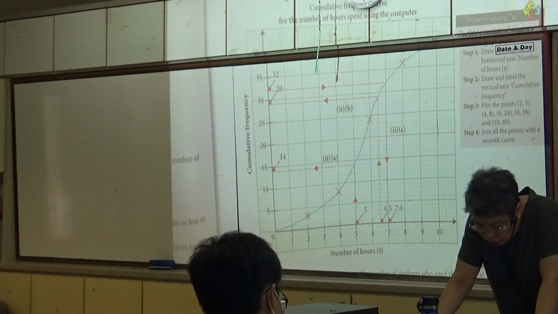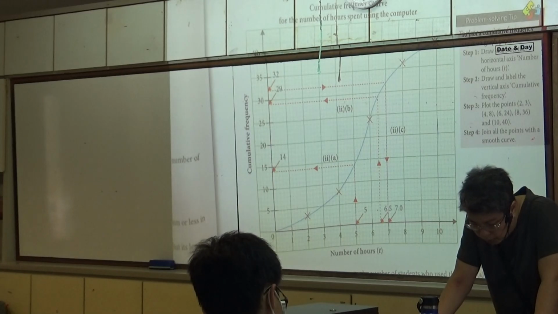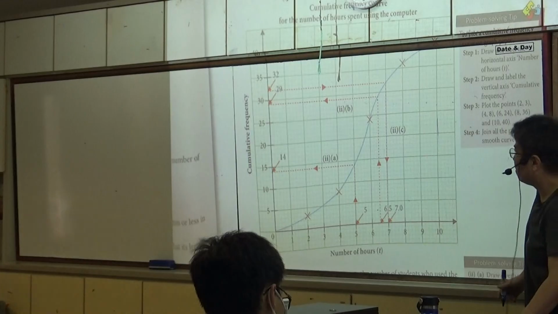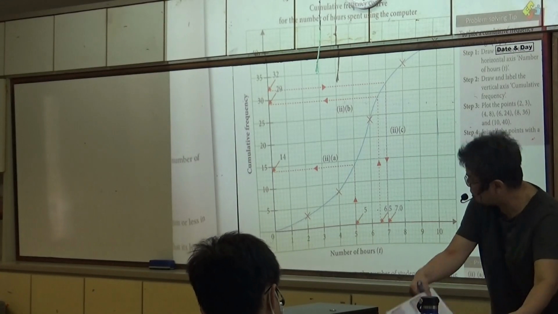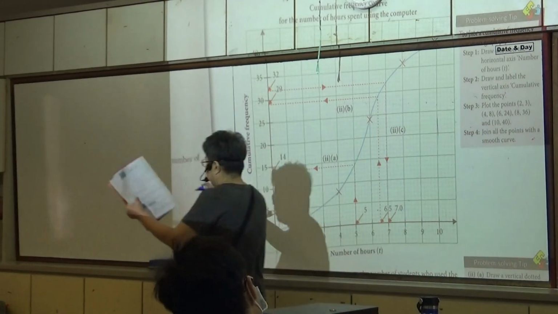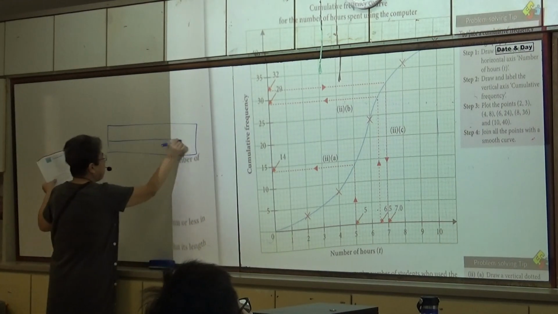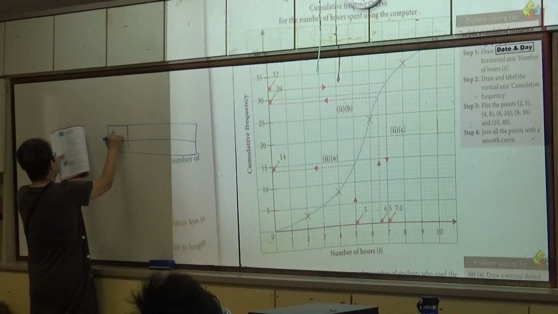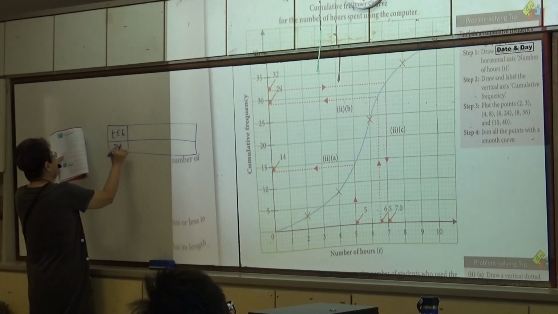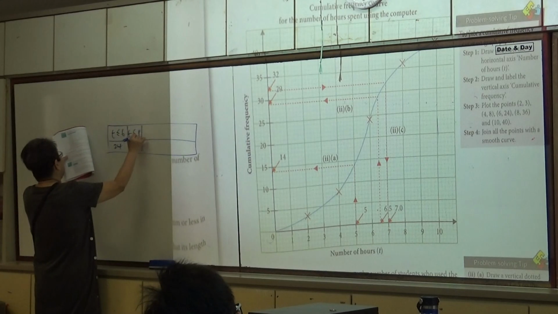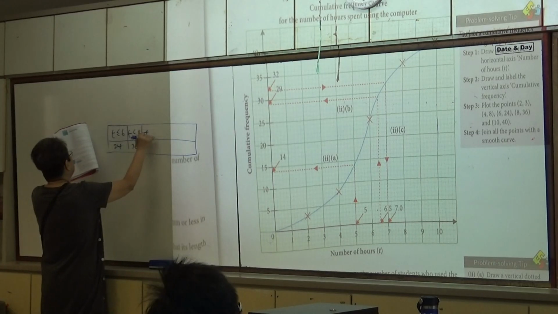The percentage of students who use the computer for more than 6.5 hours. Now, I need to bring your attention to the table first. The table is like this. I just write the last three.